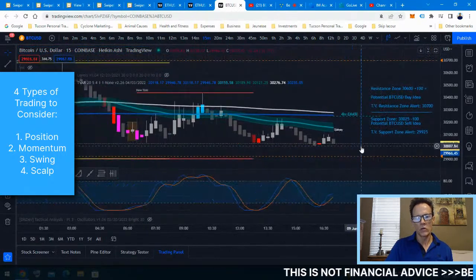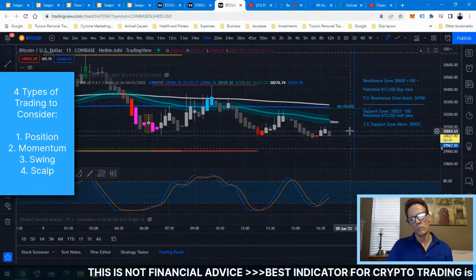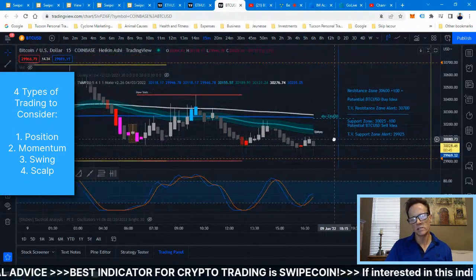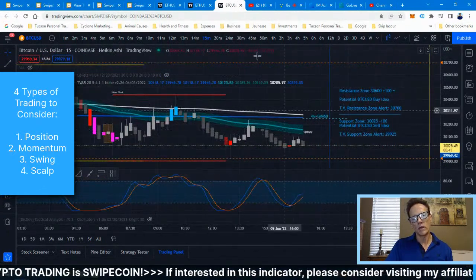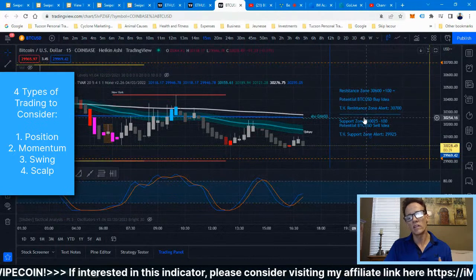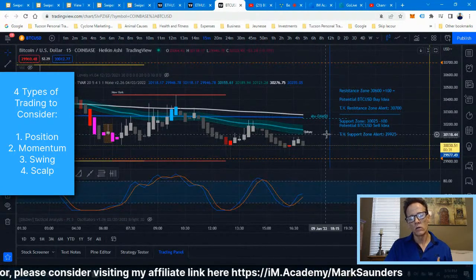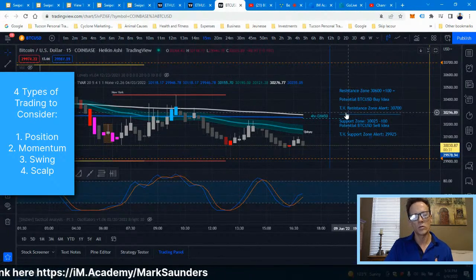I like to know where Bitcoin's going, because Bitcoin may not be breaking down. It may just be testing the support and breaking up. We don't know that, that's why we're waiting. But I'm not going to go short on ETH personally, unless I know or feel strongly that Bitcoin is breaking down. I hope that makes sense.